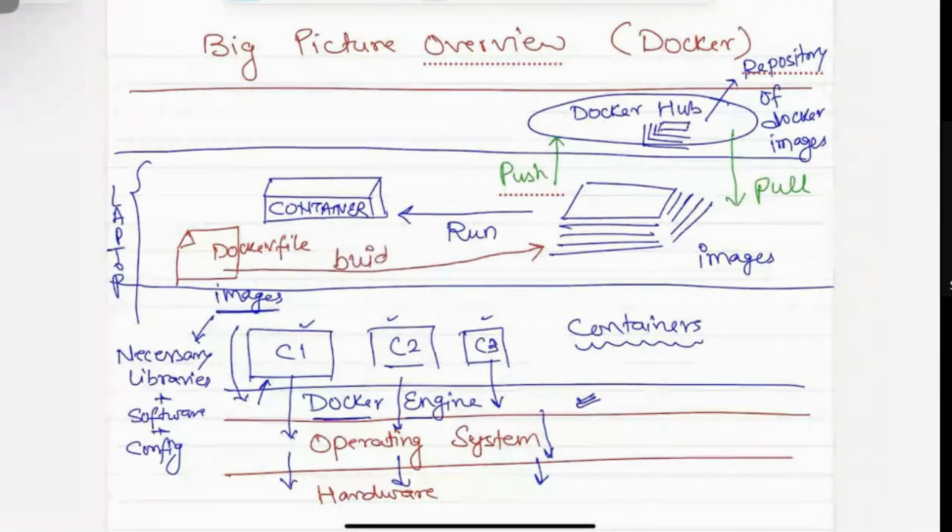You write a Dockerfile, you build it, and it becomes a Docker image on your laptop. I think this one diagram covers all about Docker that we discussed. Any doubts, any questions on whatever is written over here?